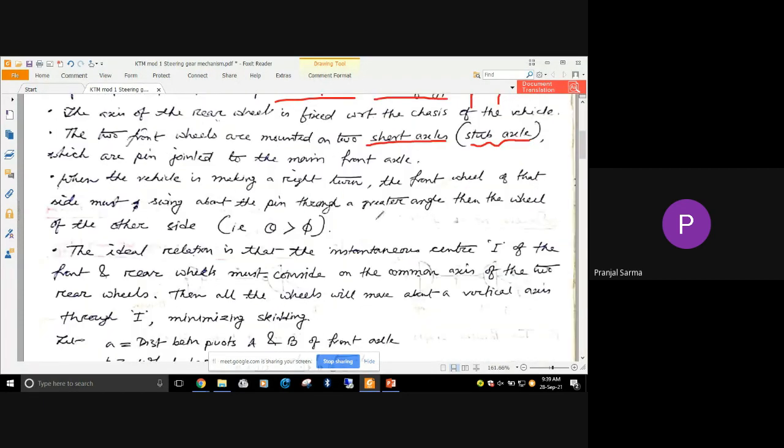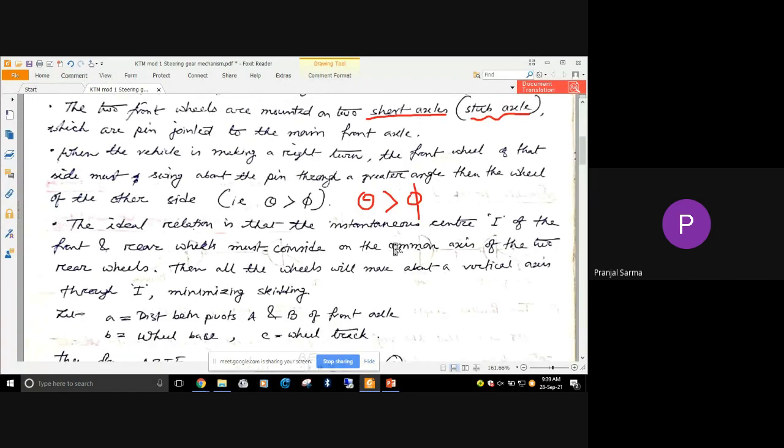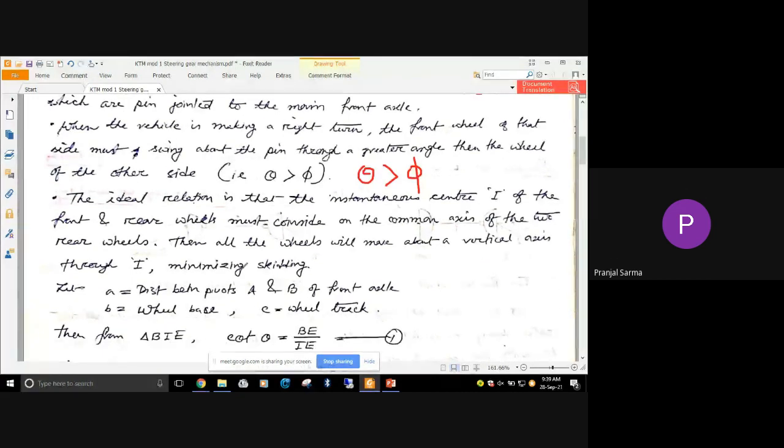Then theta has to be greater than the angle phi. And the ideal relation is that the instantaneous center, which I have already shown, denoted by I, of the front and back wheels must coincide on the common axis of the two rear wheels.